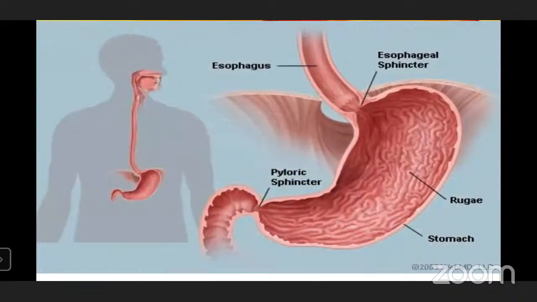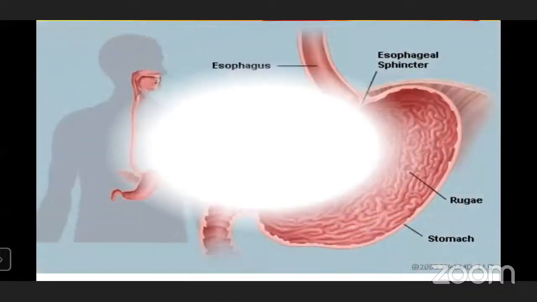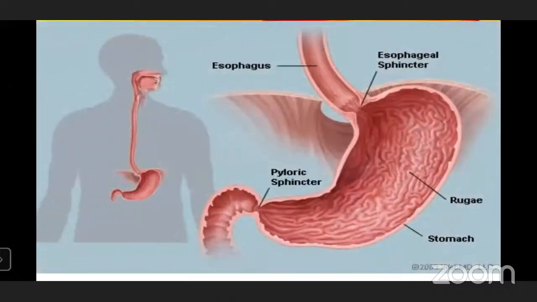Dear friends, this is esophagus with peristaltic movement. So this is stomach, the esophageal sphincter, and the pyloric sphincter.